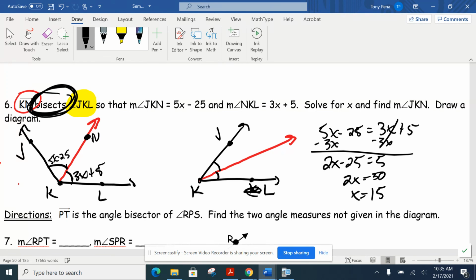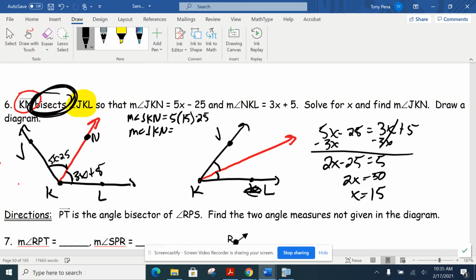Take your 15, substitute it in for one of them. So I'm going to do the 3x plus 5. Let me do it up here. So the measure of angle JKN is 5 times 15 minus 25.